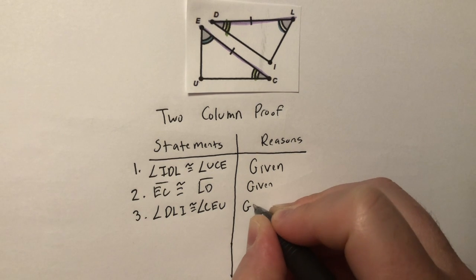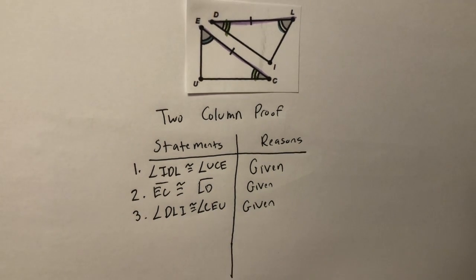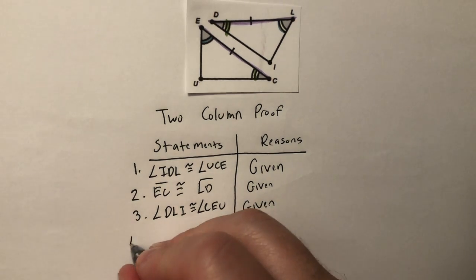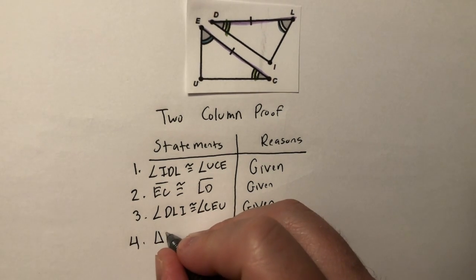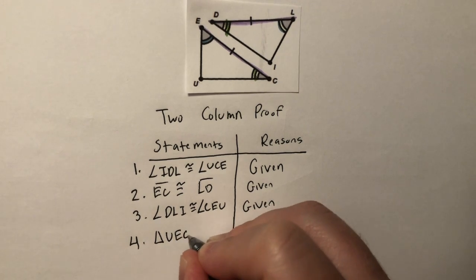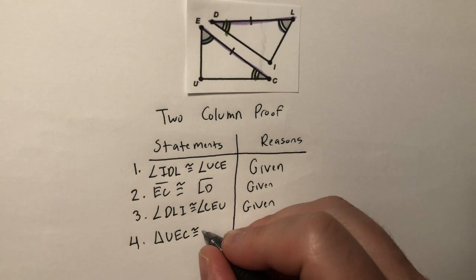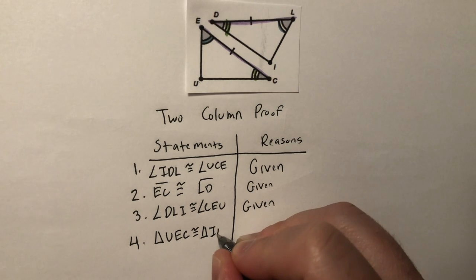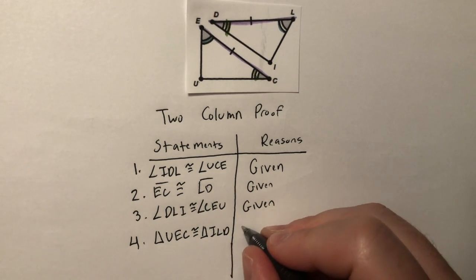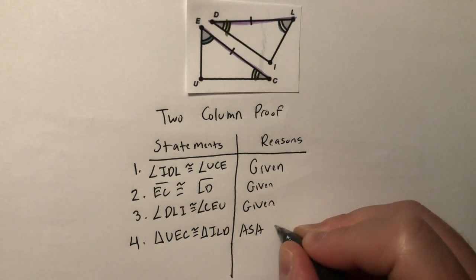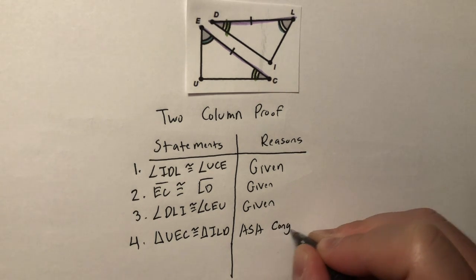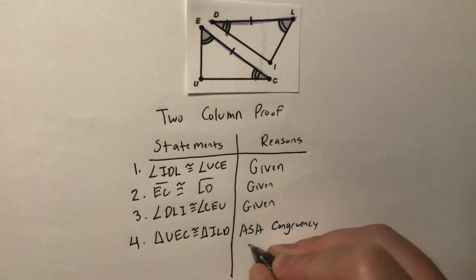That is also given in the picture. And then we know our last step here is that the two triangles are congruent. And that is because of the angle side angle congruency theorem.